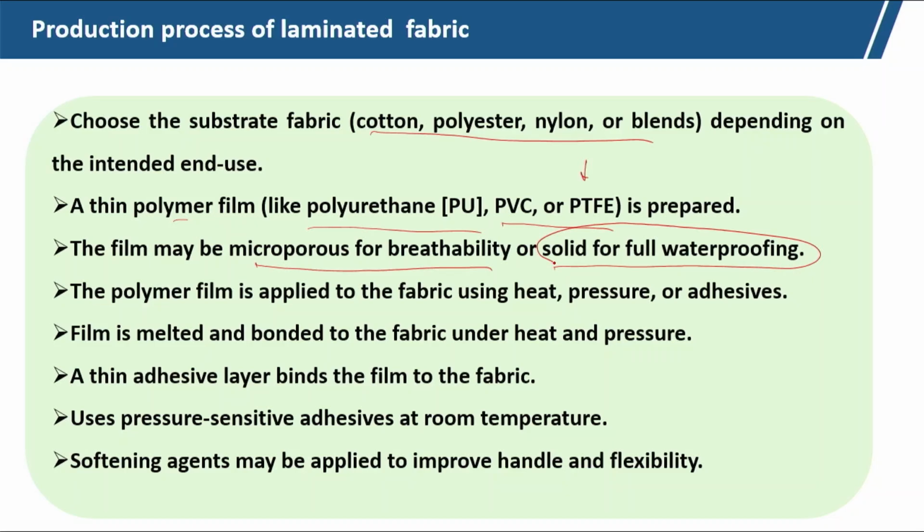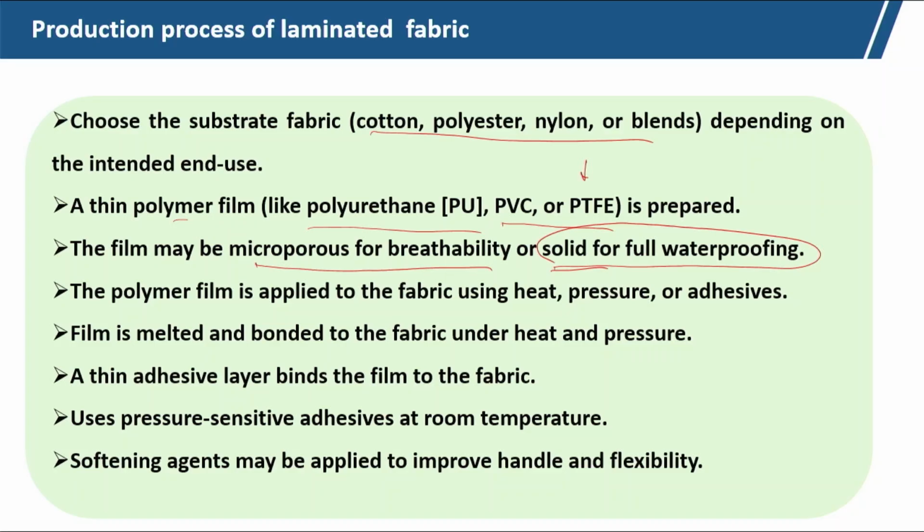For apparel applications we use the film as a microporous film, but to create a waterproof fabric for, say, tents or some other applications, we may not need the breathability. There it may be solid, without any pores.